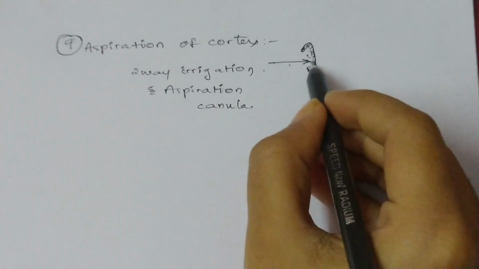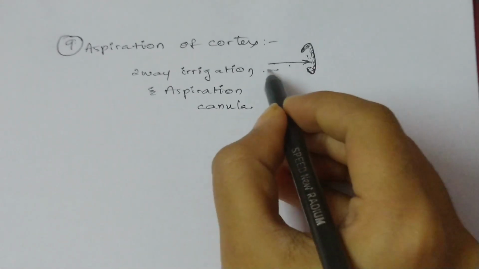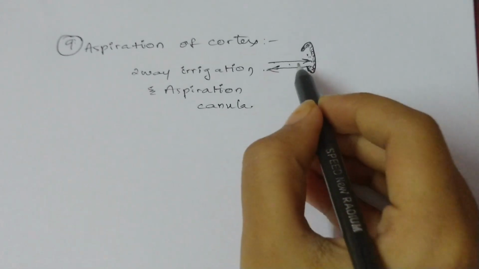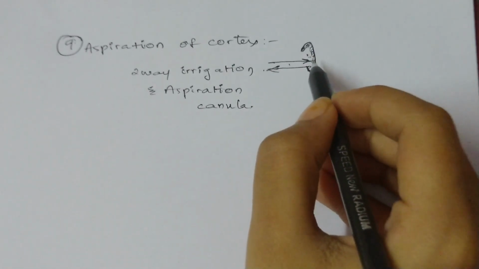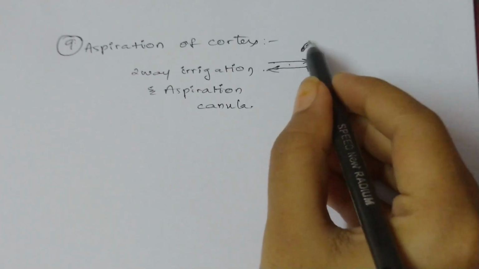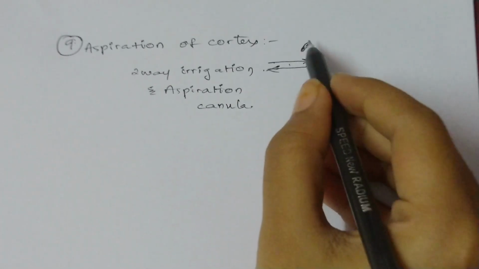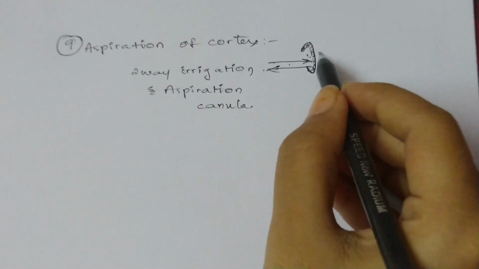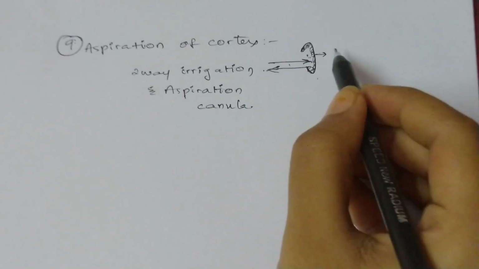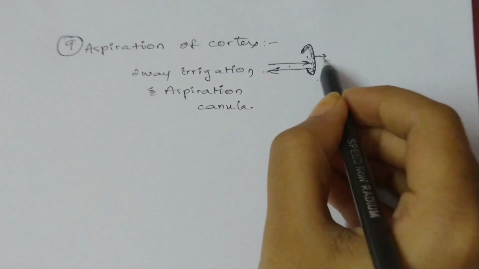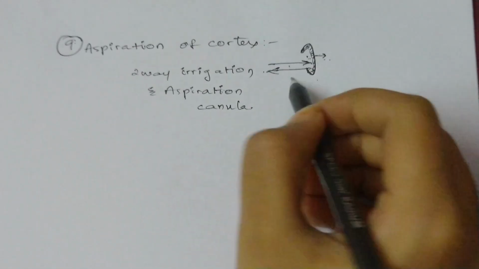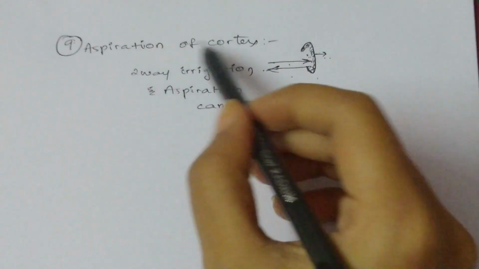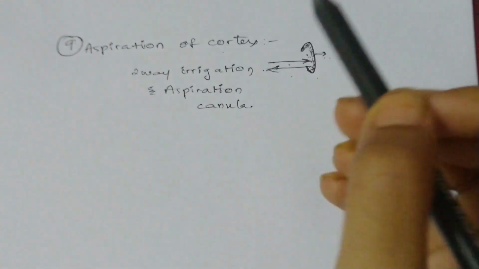We irrigate this capsular bag and then we aspirate the cortex contents without causing damage to the posterior capsule. We have to be aware of the damage that may be caused to the posterior capsule if we do not take precautions during aspiration. So this is aspiration of cortex.